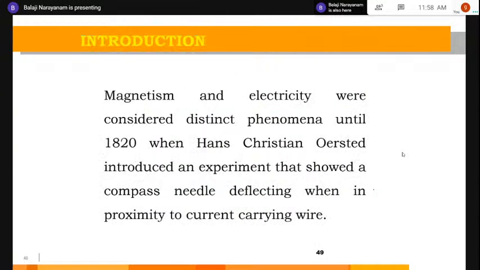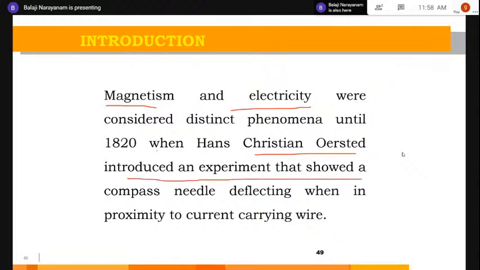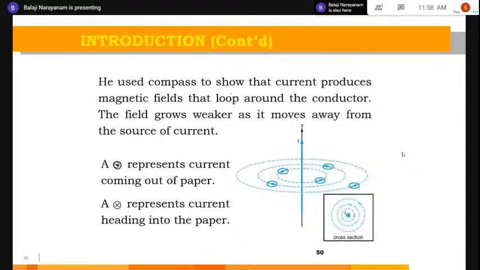Earlier, magnetism and electricity were considered distinct phenomena, but when Oersted introduced an experiment that showed a compass needle deflecting in proximity to a current carrying wire, the concept of magnetostatics came into the picture. He used a compass to show that current produces a magnetic field that loops around the conductor.